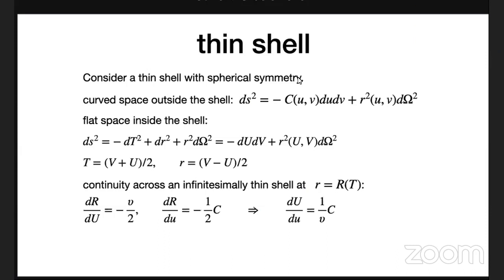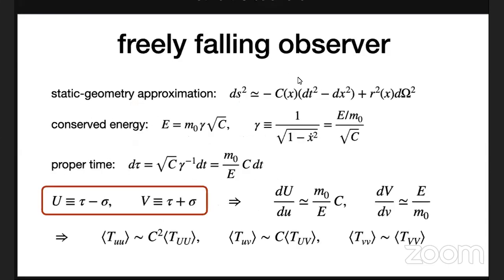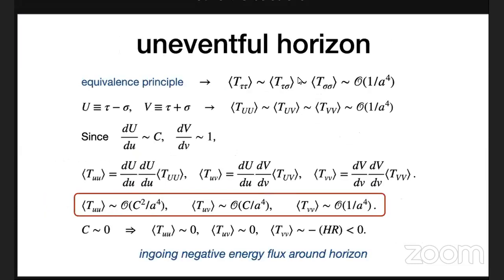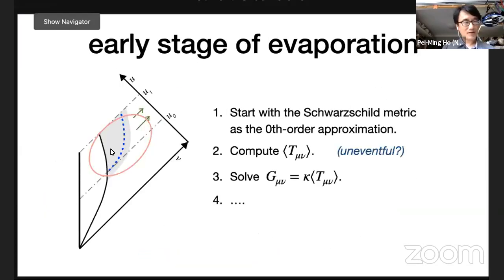I am asking whether this coordinate U and large V covers the region inside the horizon. Since you would like to stay outside of the horizon. Oh, no, I'm not staying outside the horizon. Here I don't have the event horizon. I have the trapping horizon, and I'm considering the neighborhood both inside and outside the trapping horizon. But the trapping horizon is time-like, as I will show later.